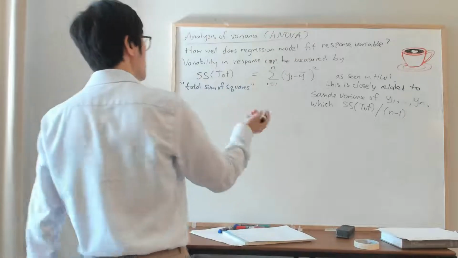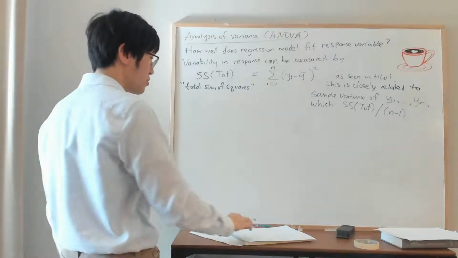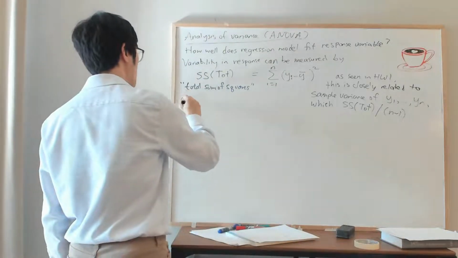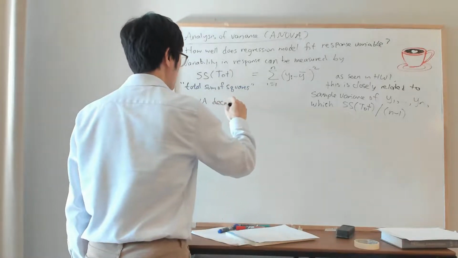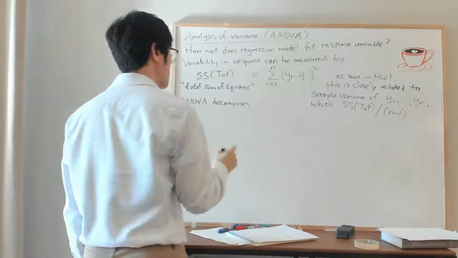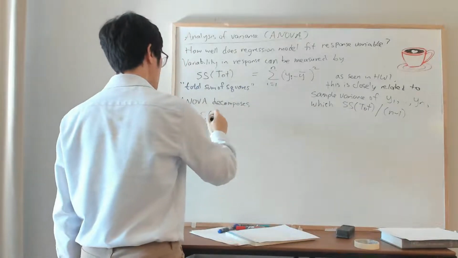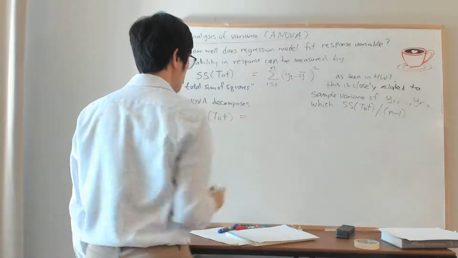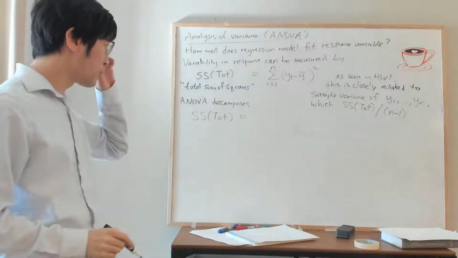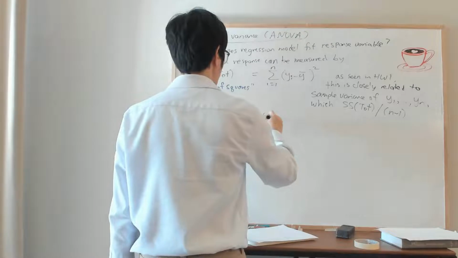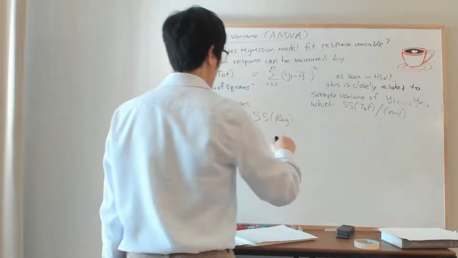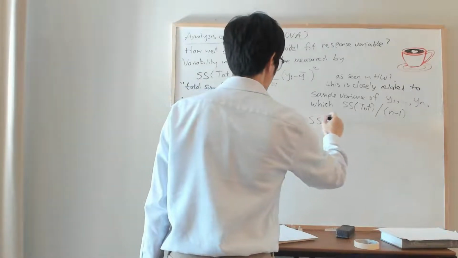Okay, so the key of ANOVA is to decompose. ANOVA decomposes the sum of squares total into two pieces. So the ANOVA decomposition is to write sum of squares total in terms of two other sums of squares. The first one is the sum of squares regression, and then the sum of squares residual.